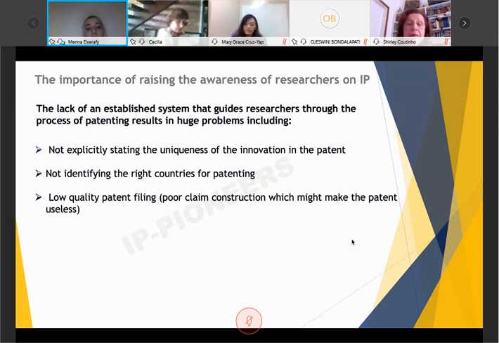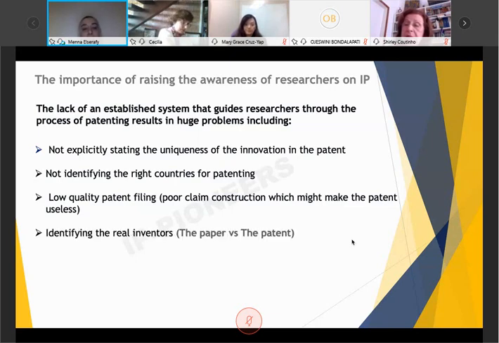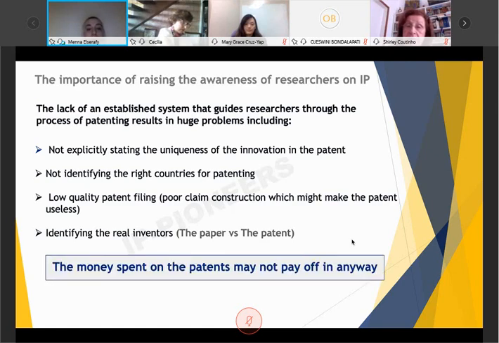And the patent quality, or the quality of the filing itself, can be very low, and the claims are very poor, so that the patent at the end is very useless and it does not really protect the innovation. And another problem is always identifying the real inventors, like who are the co-authors on the paper and who are those on the patent. This is a big problem that results in many conflicts.